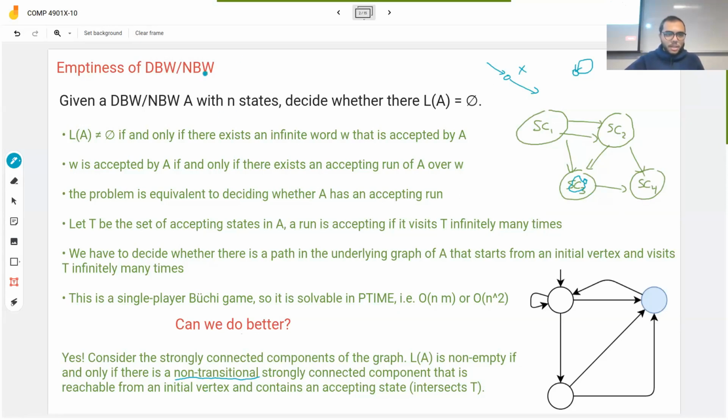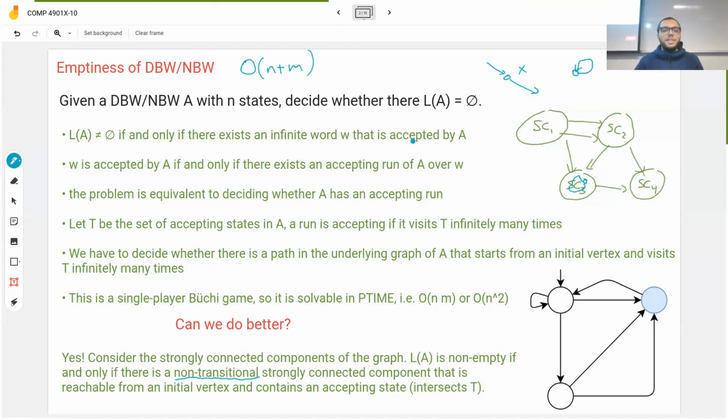Okay, great. So emptiness of deterministic and non-deterministic Büchi automaton can both be checked in O(n) plus m, where n is the number of vertices and m is the number of edges. Okay. So you might think that since emptiness is easy, then universality should also be easy, right?